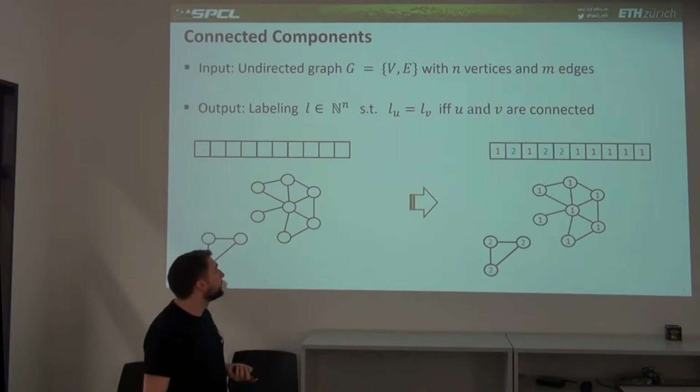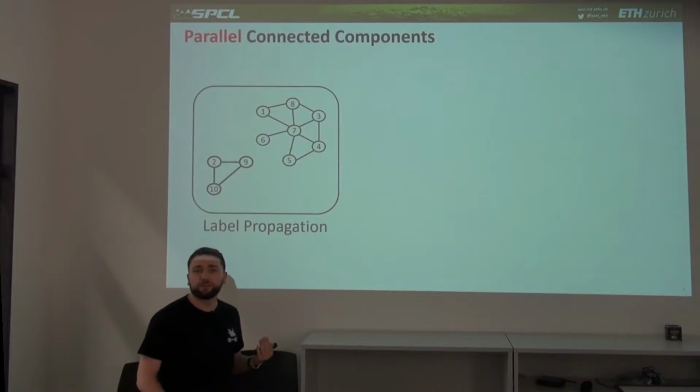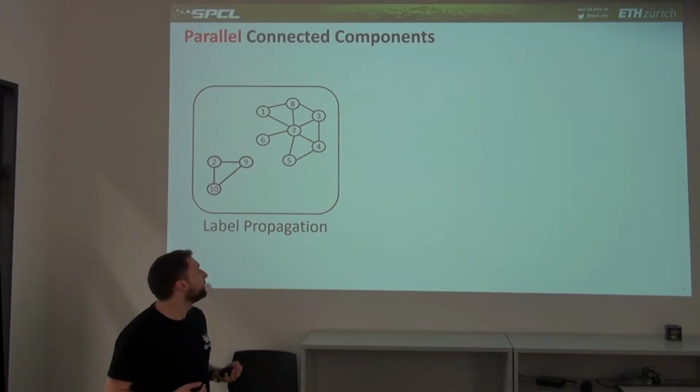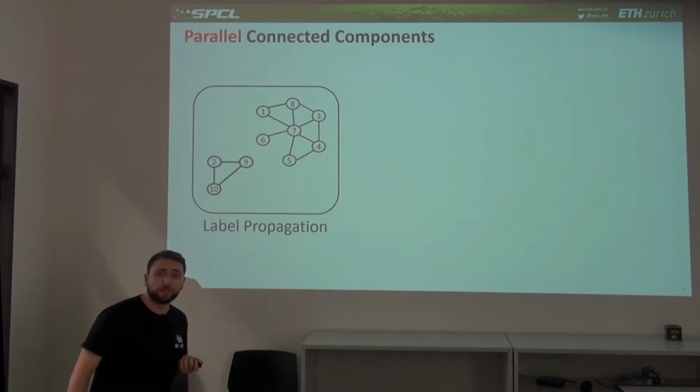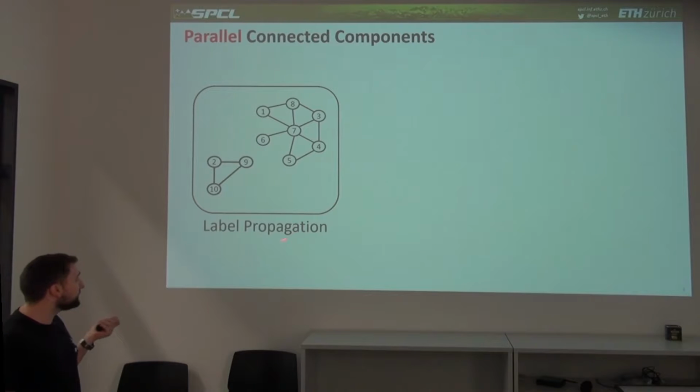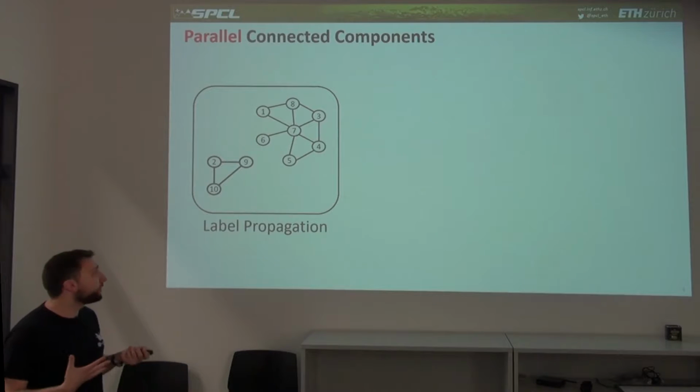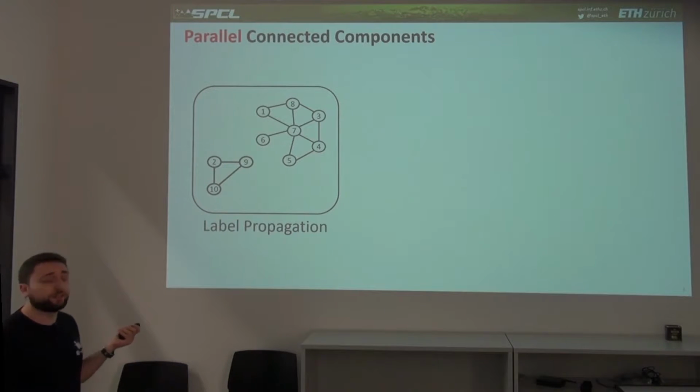So to compute connected components in parallel, there are three predominant algorithms right now. The first one, label propagation, in which each worker can process a different vertex in parallel.